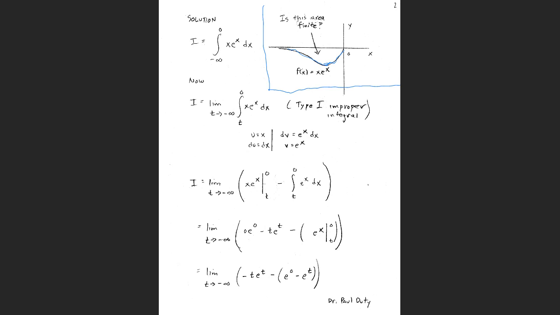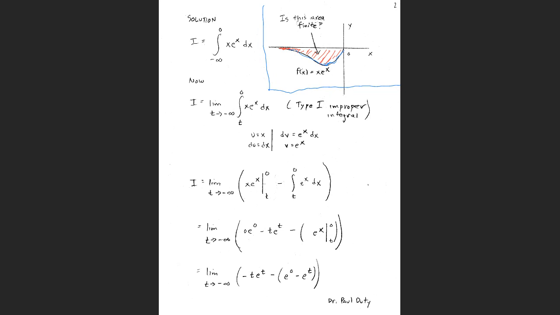And I'm interested in this area between the x-axis and the function. And the area keeps accumulating. Now, the function gets closer and closer to the x-axis, but there's more and more area building up. The question is, how fast does this area build up? What's the rate at which it builds up? That's going to determine if the area is finite or not.